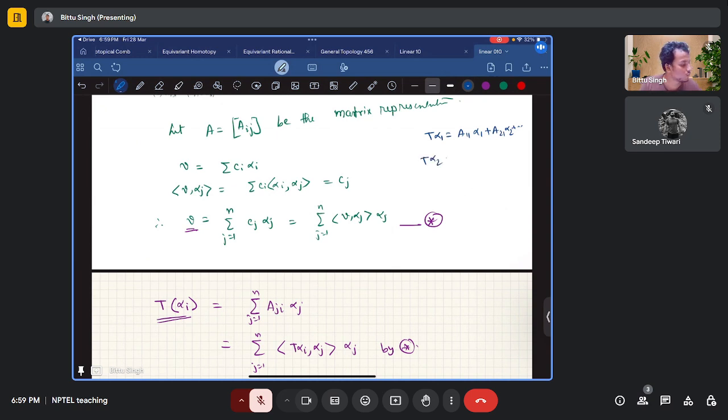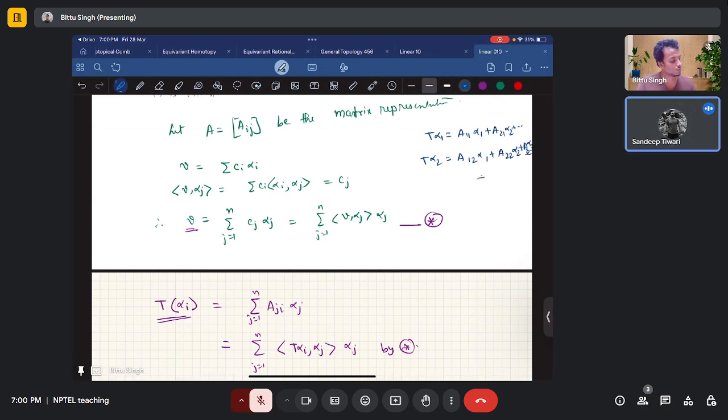Similarly, T alpha 2 can be written as A12 alpha 1 plus A22 alpha 2 plus A32 alpha 3, like this. Is it clear?